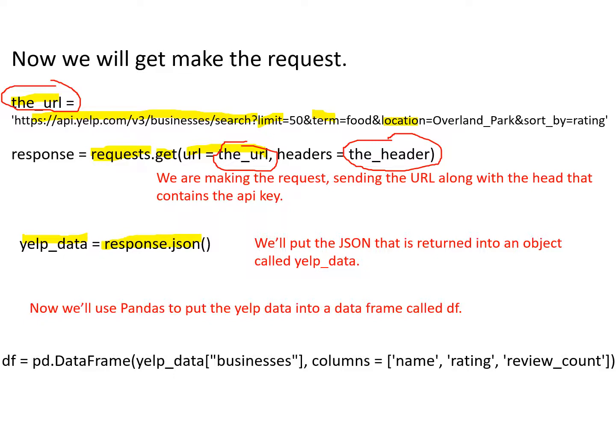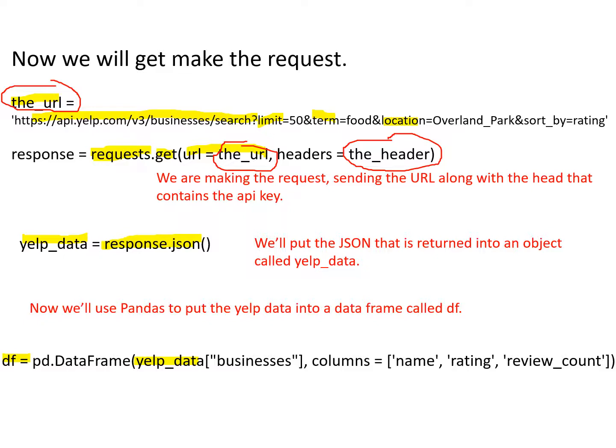And now that we have that data, we can put it into a Pandas data frame. So here you see df equals, and that looks familiar, I'm sure. Maybe this is new because we haven't had to do this yet: we want to pass in the Yelp data that we just got. Remember, that data started with the total number of businesses, so we don't want to send in all of that.